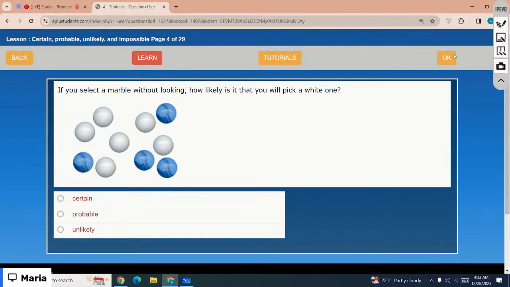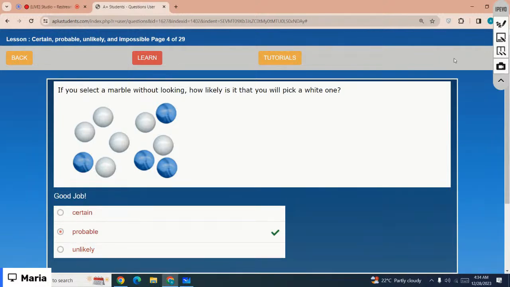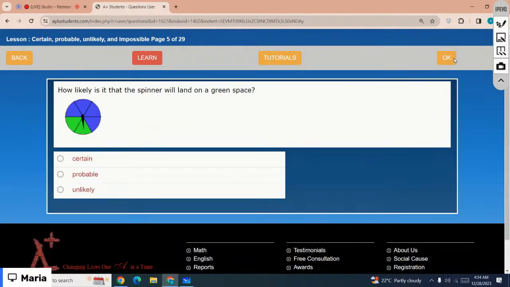Six of the marbles are white and four of them are blue, right? That means it is probable that you can select the white one because you have six whites and four blue. So maybe you can select the blue one, right? So probable you can select the white or blue, right?